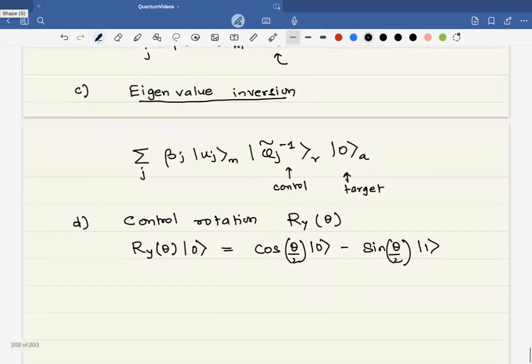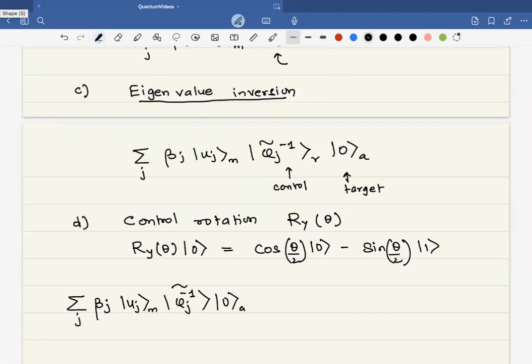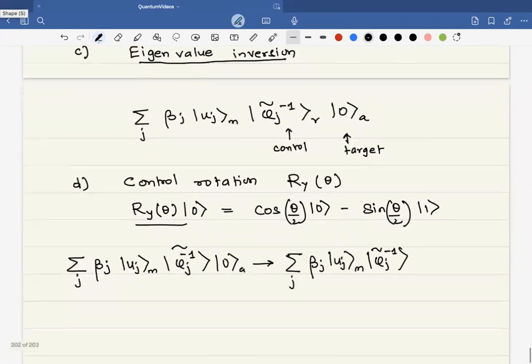Right. So what that will lead to is that our state will be, after this step, the summation over j of beta j u j phi j tilde inverse. And since we are doing a controlled rotation with this phi j inverse, I don't have to a priori know what the eigenvalues are.